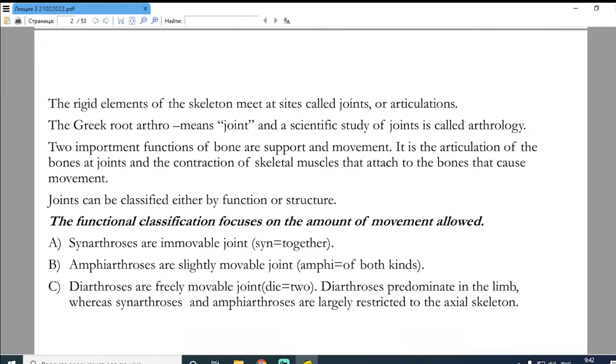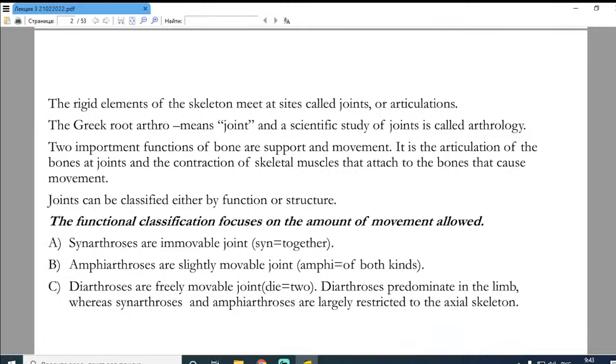The rigid elements of the skeleton meet at sites called joints or articulations. The Greek root arthro means joint, and the scientific study of joints is called arthrology. Two important functions of bone are support and movement.